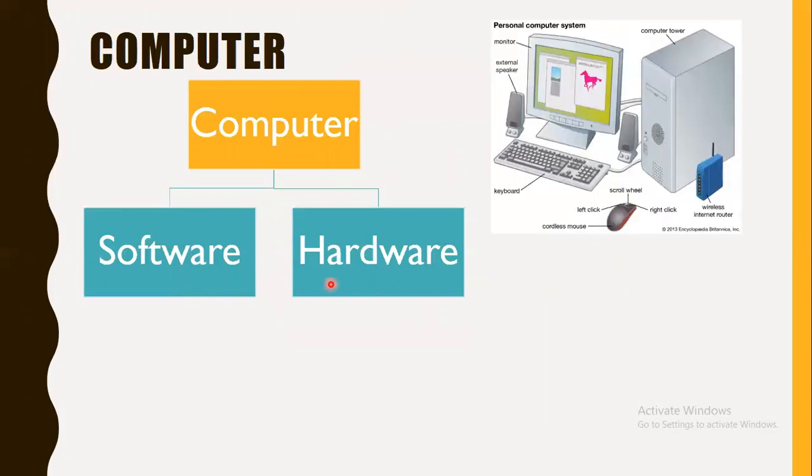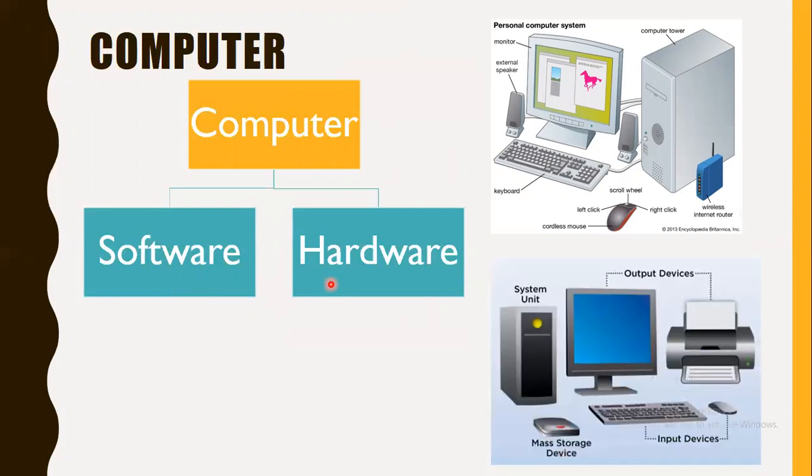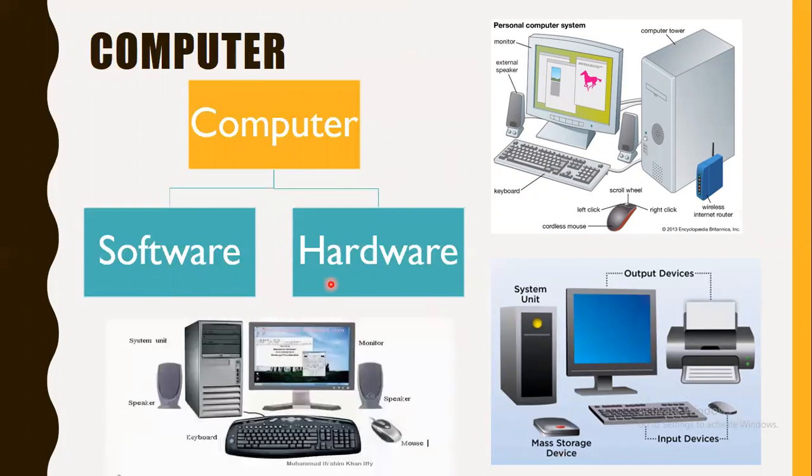So here are some pictures of different computer machines and different components that can be attached to the computer. As we have discussed in chapter number 1, the devices which are connected to the computer are known as peripheral devices.